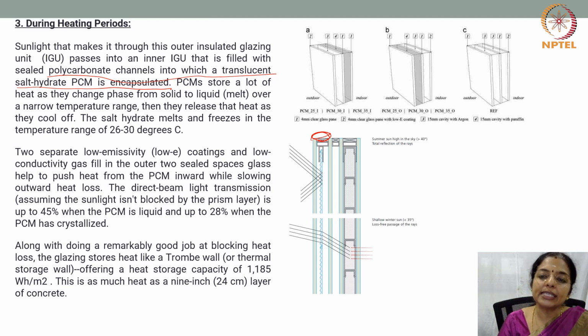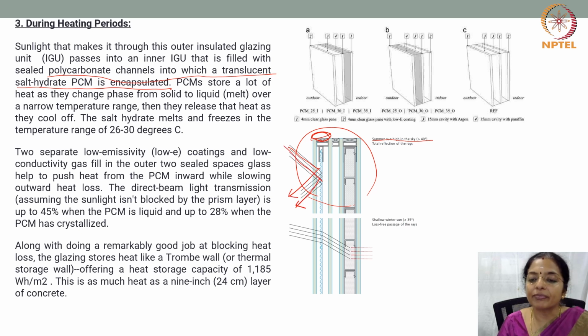So during summer, it is designed in such a way that when the sun is high in the sky, greater than 40%, the solar radiation can get reflected away.